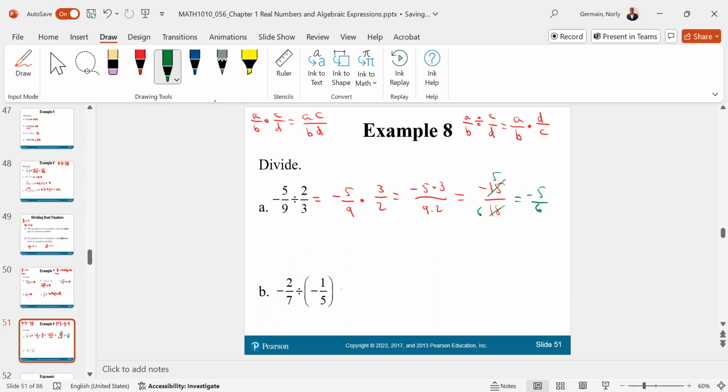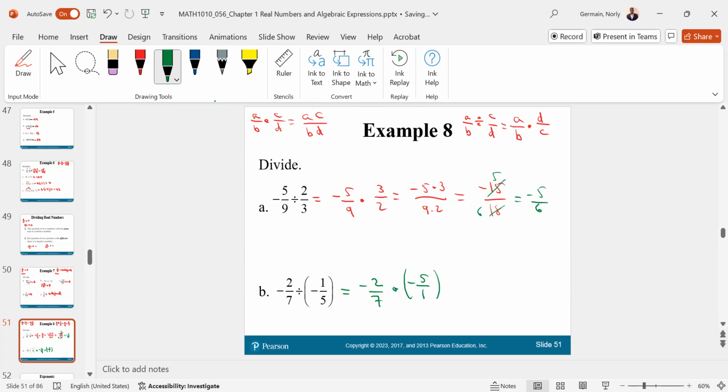Last example for divisions, very important. Divisions, again, here, remember we have -2/7 times -5/1. So remember, when you have divisions with the same sign, if both of them are plus, then it's positive.